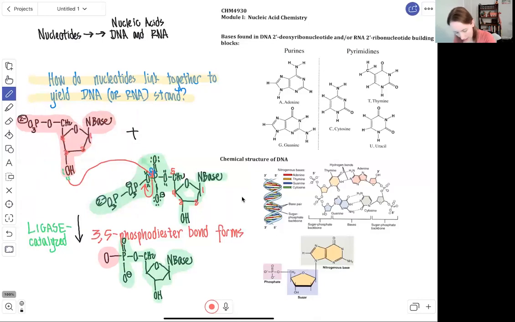And of course, as usual, I'm running woefully low on room here. So I'm going to just erase a little bit of information there to squeeze in our reaction product.